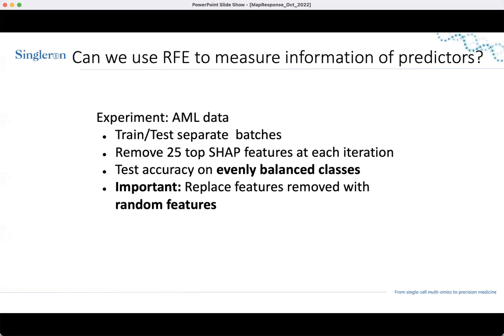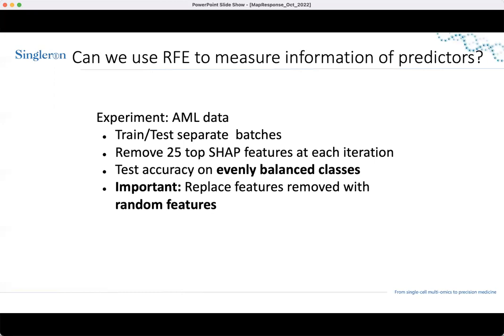And importantly, when we remove the features, we're not going to actually remove them. We're going to replace them with randomized features.